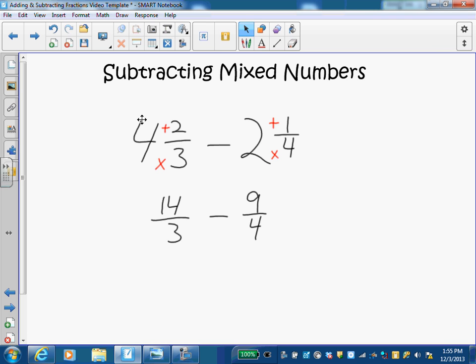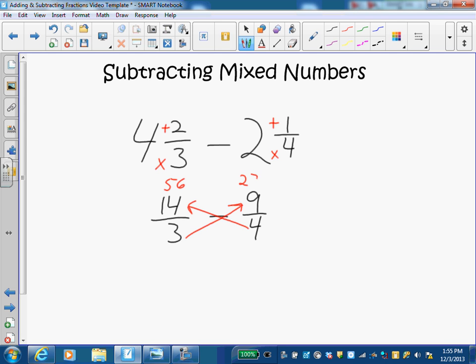I'm going to go through and do the exact same thing that I've been doing the whole time. I'm going to do 14 times 4 and 3 times 9. These are larger numbers, and it might take you a minute to work out the multiplication, but it's going to be 56 and 27.